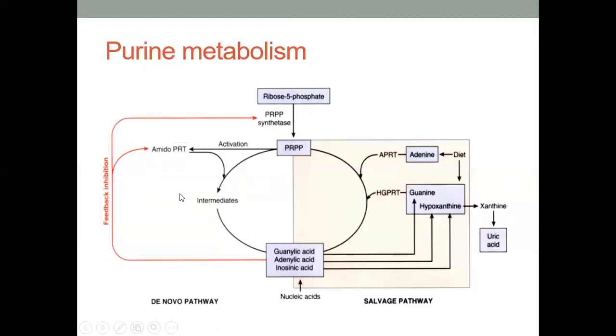So there is ribose 5-phosphate, PRPP synthetase, and then nucleic acids are formed which are acted upon by the HGPRT enzyme, and then hypoxanthine and ultimately xanthine and uric acid. So this is the purine metabolism.